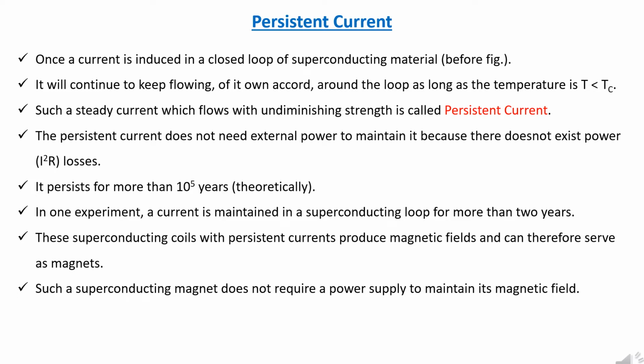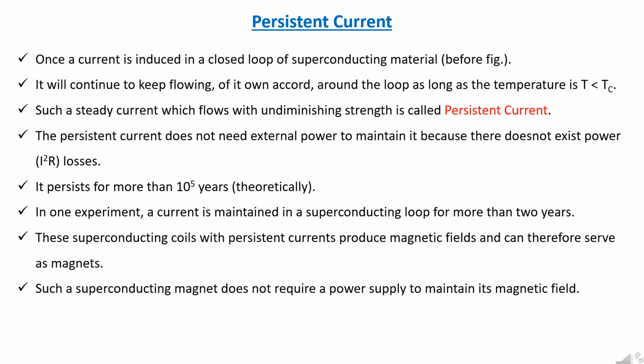Such a steady current which flows without diminishing strength is called persistent current. The persistent current does not need external power to maintain it because there are no I²R power losses. It persists for more than 10⁵ years, theoretically.